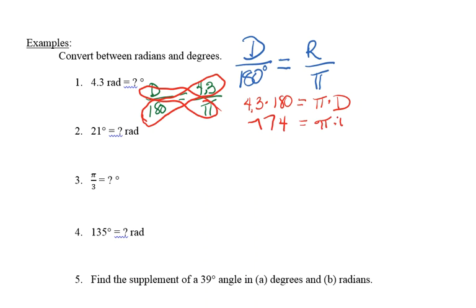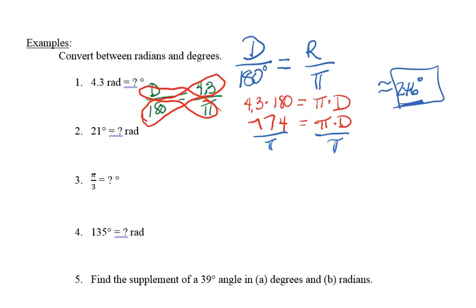Then to get D by itself, we have to undo the multiplication, so we divide by pi. I would prefer you use the pi symbol on your calculator, and if you don't have a calculator with one, you're going to want one. So 774 divided by pi is approximately 246. In this case, 4.3 radians is approximately 246 degrees. Make sure you put the degree symbol.